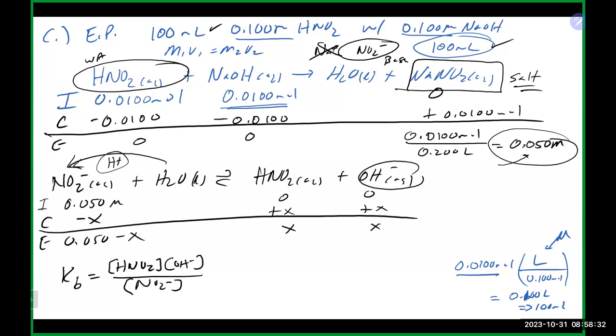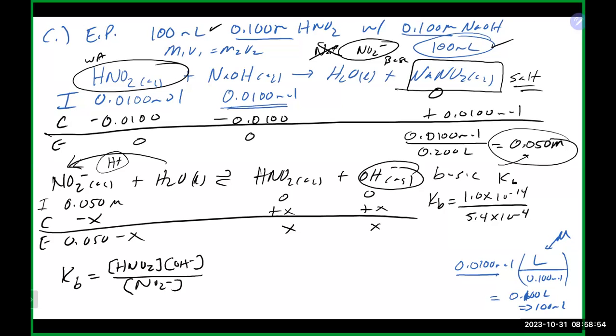KB, we know that this thing should be basic, and we know we should be using a KB because of the hydroxides being produced. That means we also have to flip this guy, and that means that our KB in this case would be our KW divided by our KA, 5.4 times 10 to the minus 4.